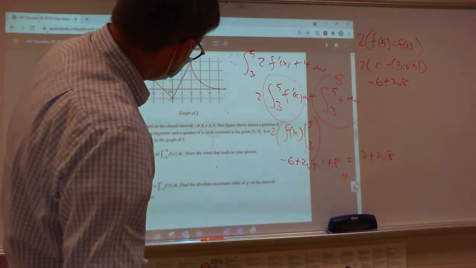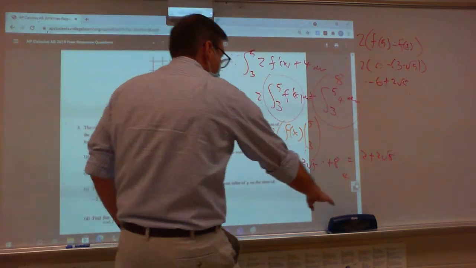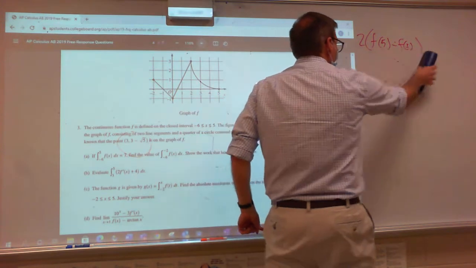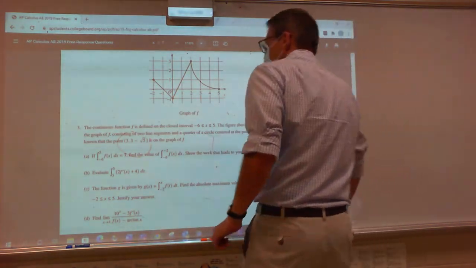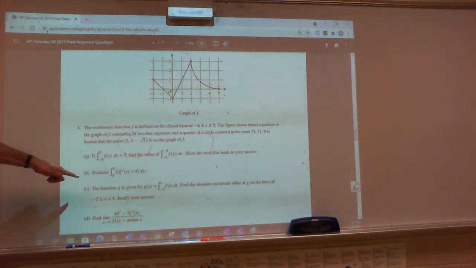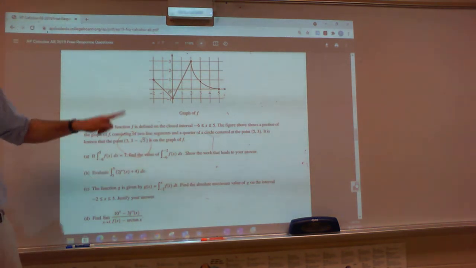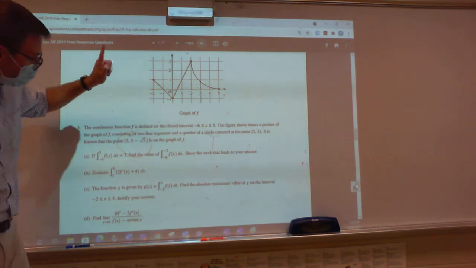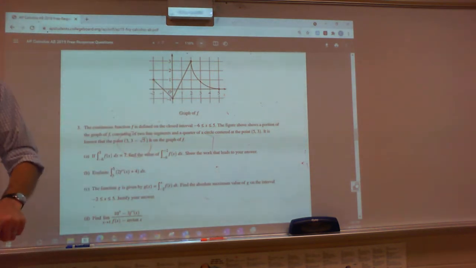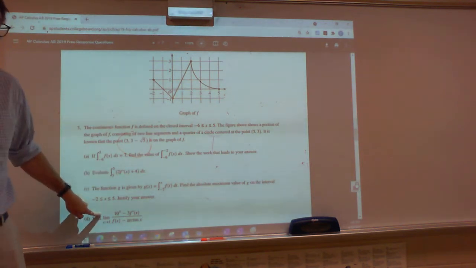Part C, and this I need to talk about. If you can, put a star by part C, because this is something that they ask every year in a free response question. Usually it's not in this type of free response question, it's usually in something else, but I want to make sure we understand how to deal with it.